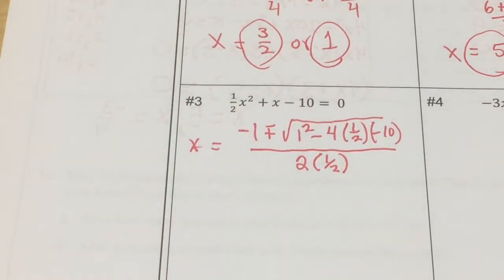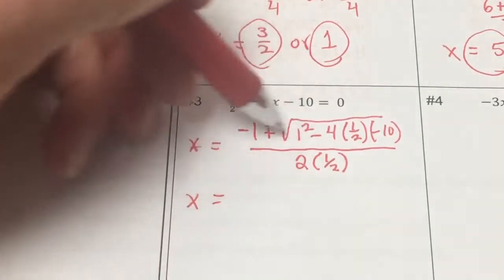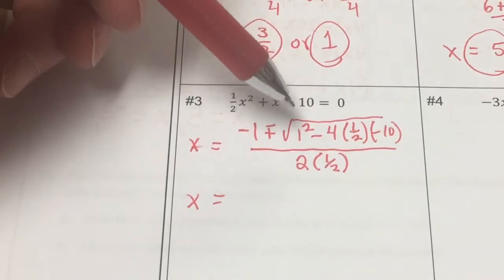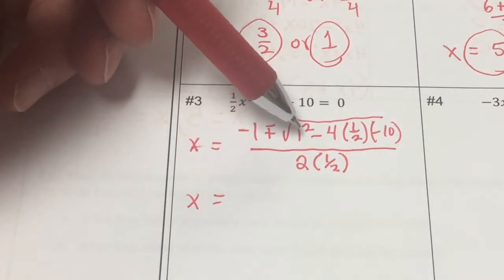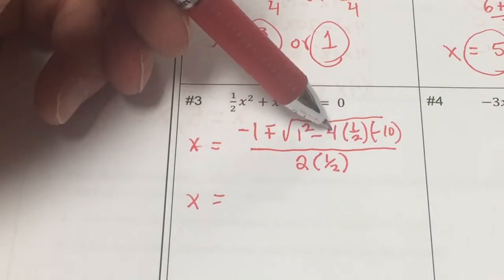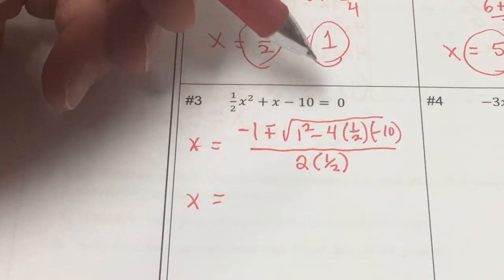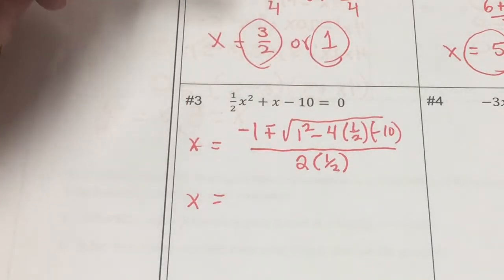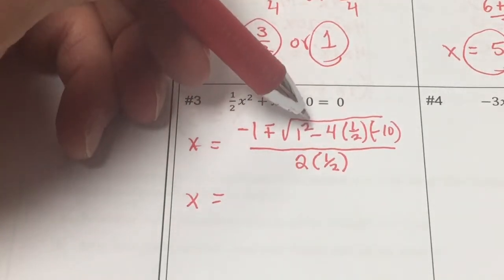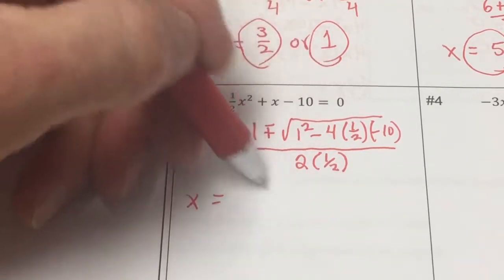All right, so let's do what's under the square root first. See what that is. So let's see, this is going to be 1 times minus 2, because half of 4 is 2, minus 2 times negative 10. So that is going to be 1 plus 20.